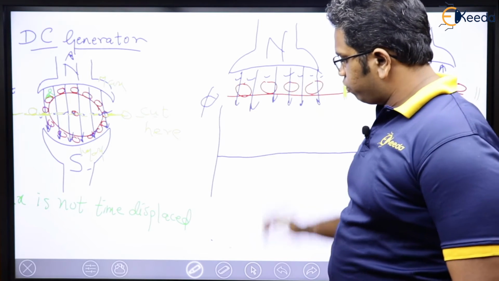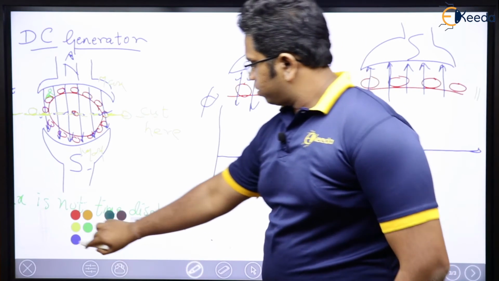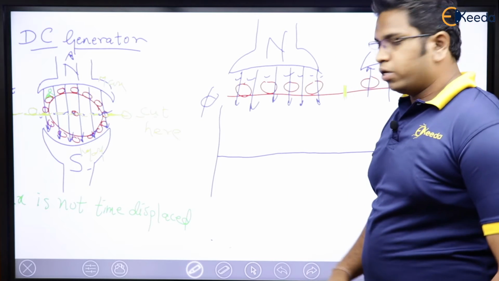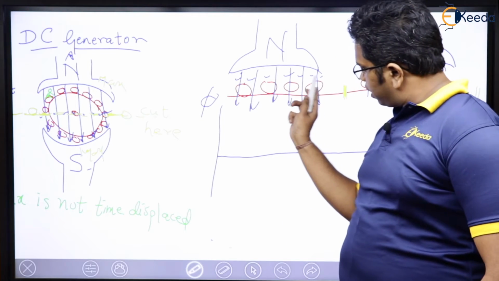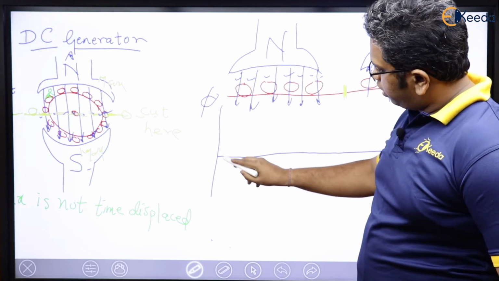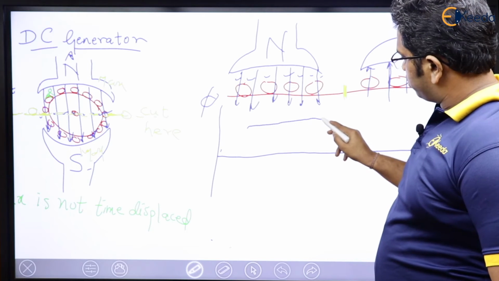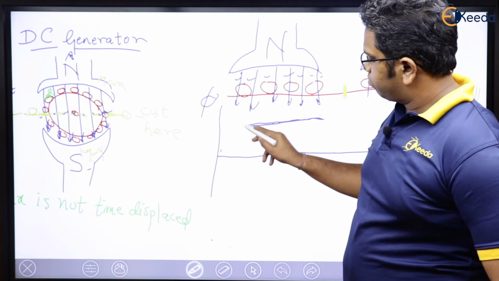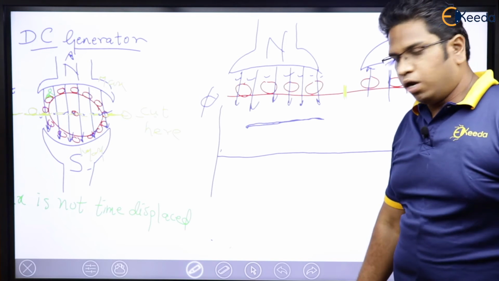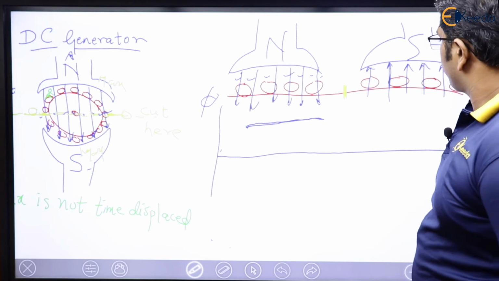That is the reason the distribution will be, since the reluctance everywhere is the same, flux is going to be like this only. Let me say that it is like this, constant, right? Now let me come here, see what is going to happen.